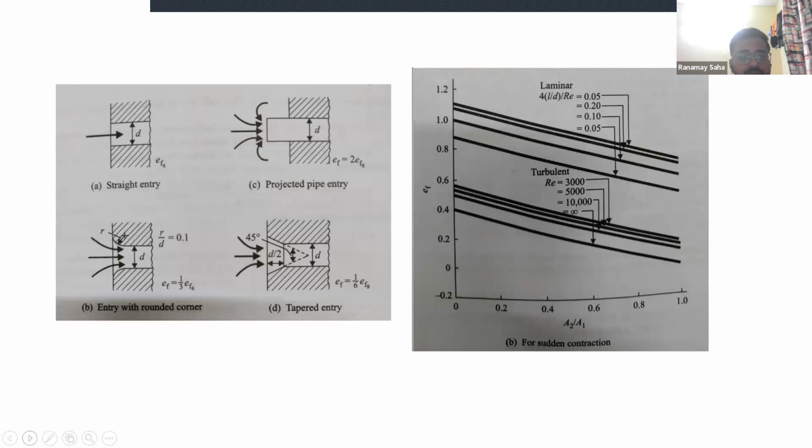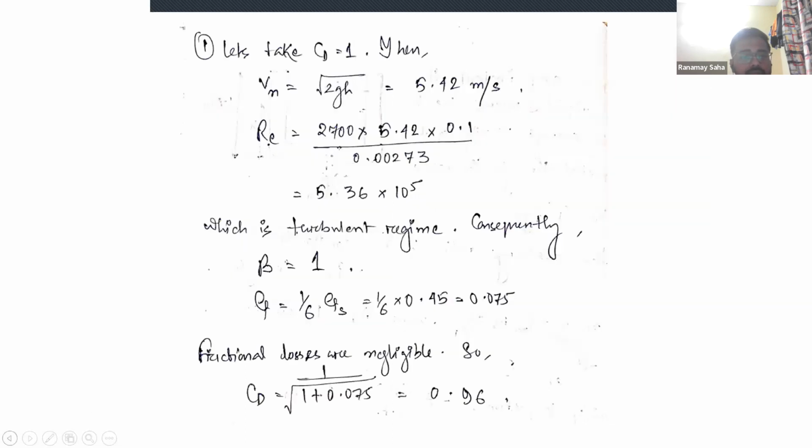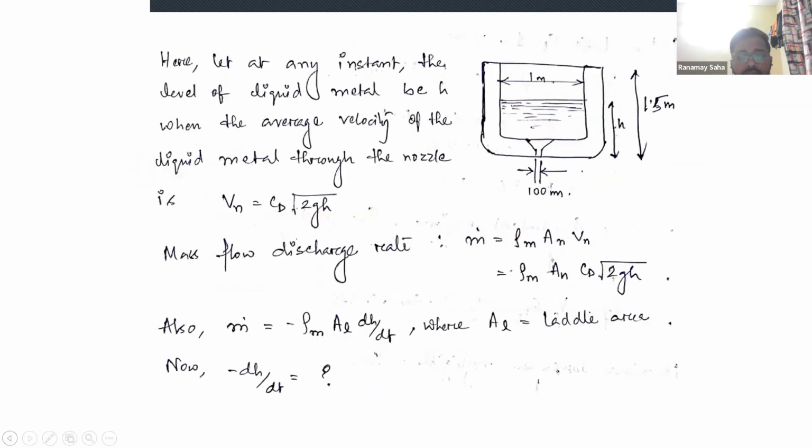What is A2 by A1, by the way? You can see this area, what area it is coming out of and what area it is flowing through. In our case, these both areas are almost equal. However, the ladle area is quite large compared to the nozzle area.